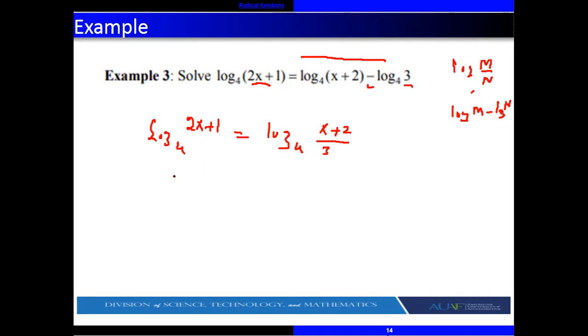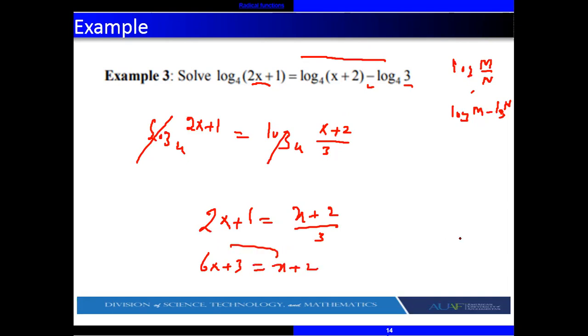Now you can see here, we have log base 4 on this side and log base 4 on this side. So you can cancel these. So 2x plus 1 is equal to what? x plus 2 divided by 3. So now you can solve this one to find the value of x. 3 multiply with this side. So 6x plus 3, and we have x plus 2.